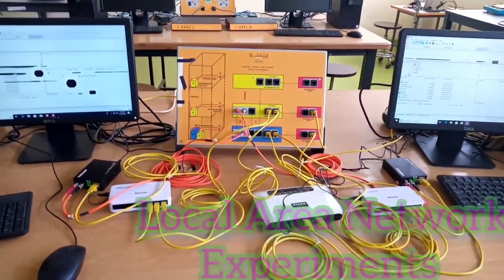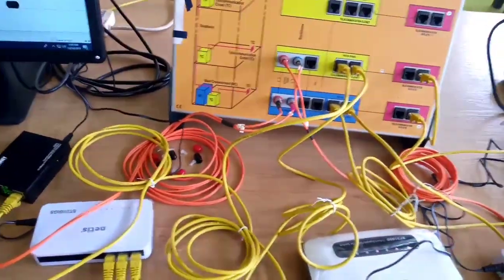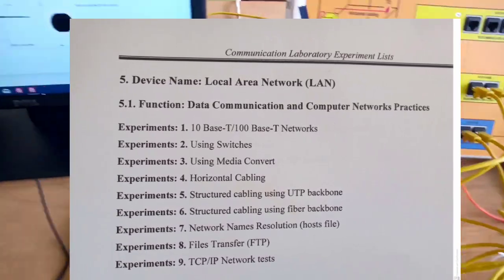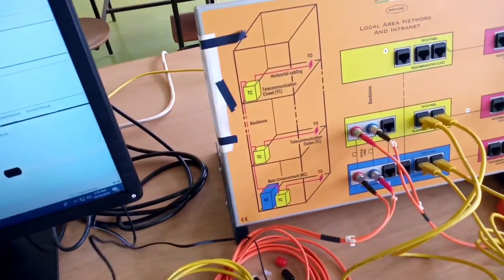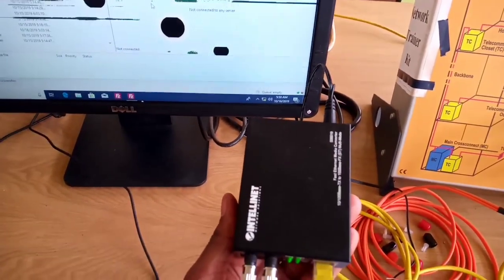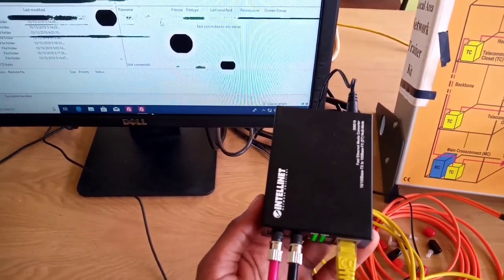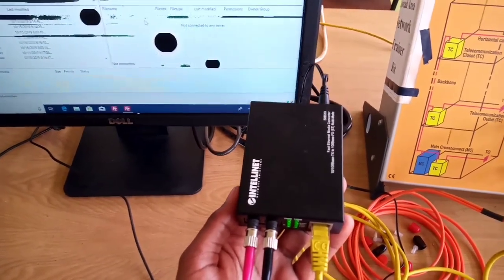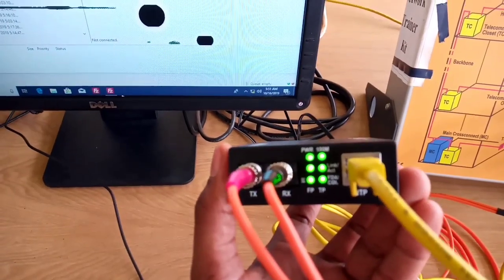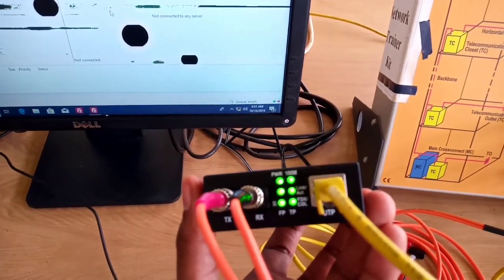6, local area network experiment. In this experiment, there are many components here. These components are called media converters. The function of a media converter is to change signals from one form to another. For example, it changes optical signals to electrical signals and electrical signals to optical signals.